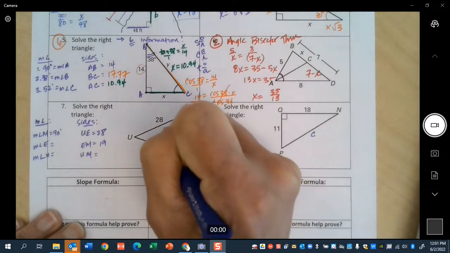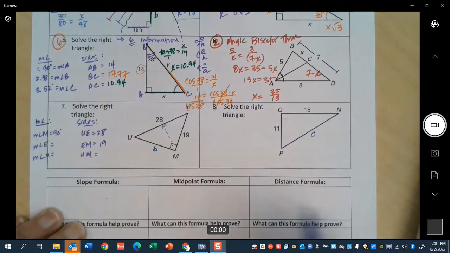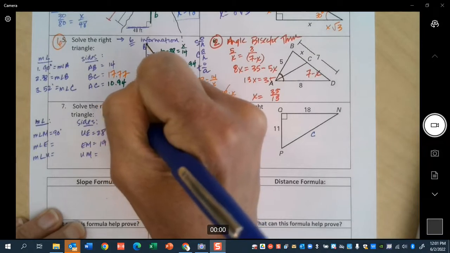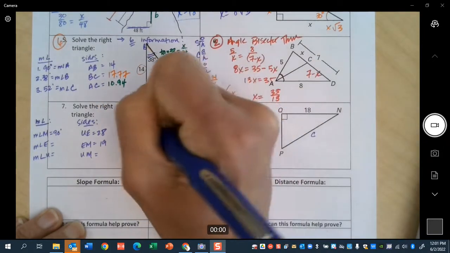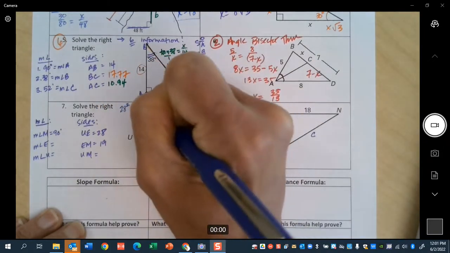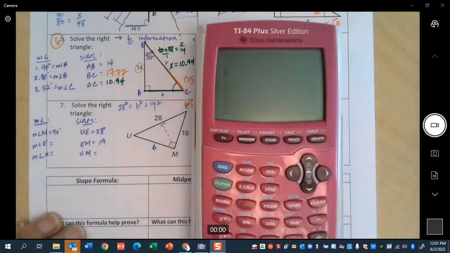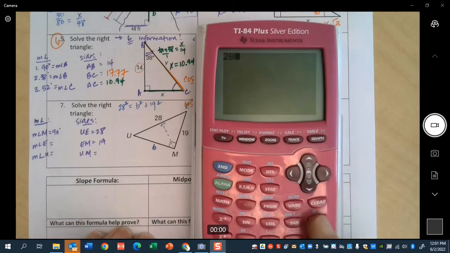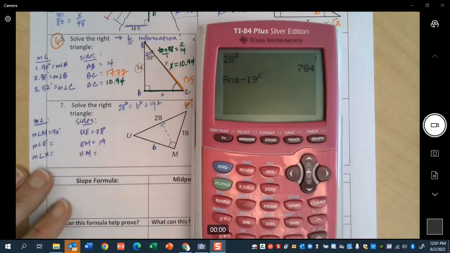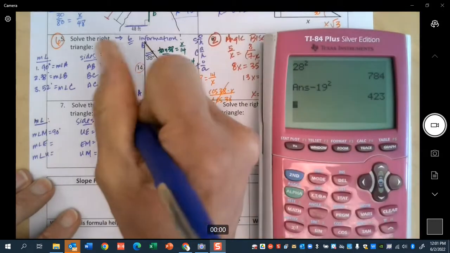My hypotenuse is the side that's opposite of my right angle. So 28 squared is going to be equal to b squared plus 19 squared. I'm going to go to the calculator, and I know that 28 squared is equal to 784, and I'm going to be subtracting 19 squared from it, giving me 423.